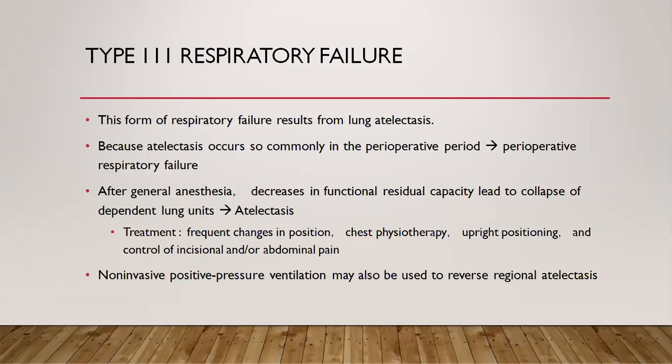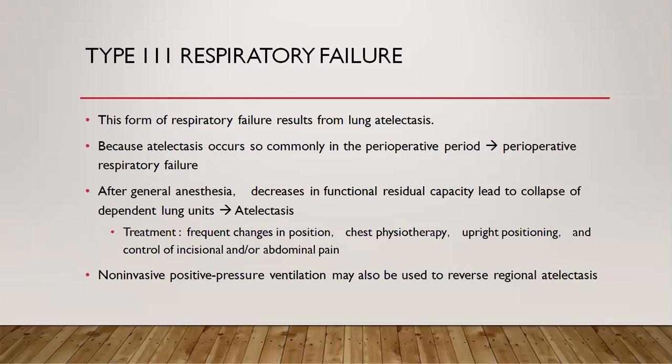Next is type 3 respiratory failure. This form of respiratory failure results from lung atelectasis. Because atelectasis occurs so commonly in the perioperative period, this is secondary to perioperative respiratory failure. Remember, atelectasis is one of the most common post-operative surgical complications.